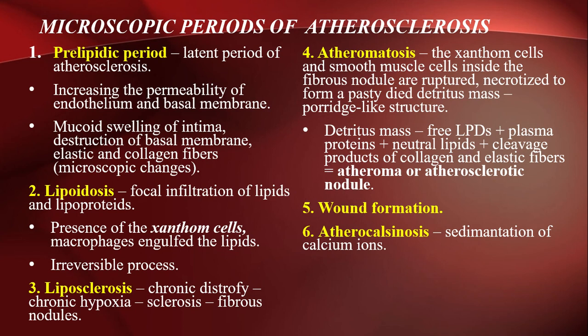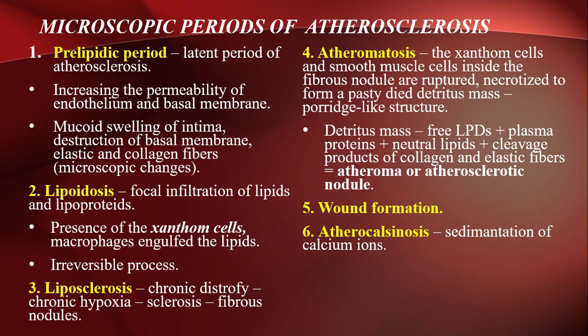The detritus mass includes the free lipoproteins, plasma proteins, neutral lipids, and cleavage products of collagen and elastic fibers, commonly we call the atheroma or the atherosclerotic nodule.